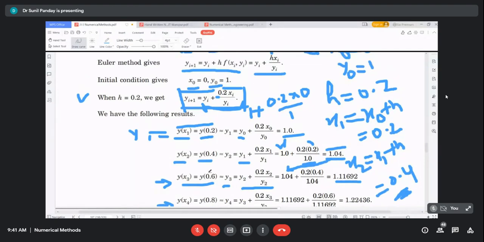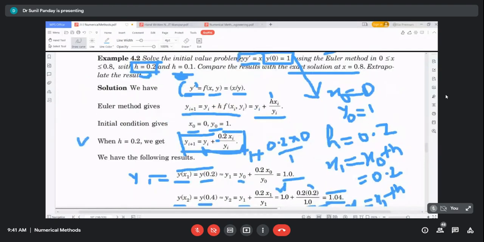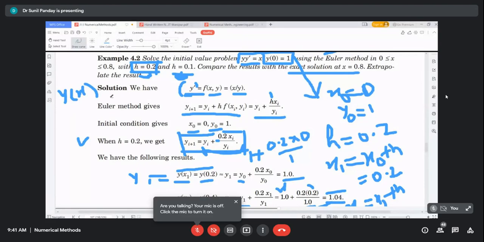When we solve this equation using the analytical method, we have the solution as a function of y of x, and we can substitute any value of x and get the value of y.